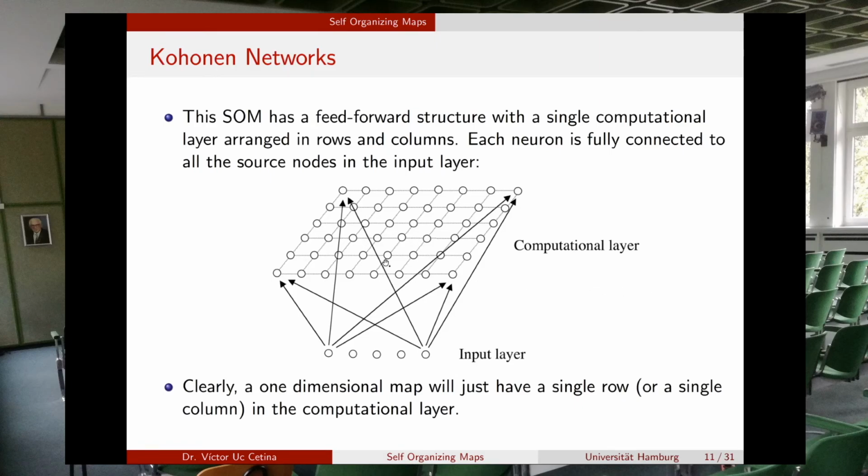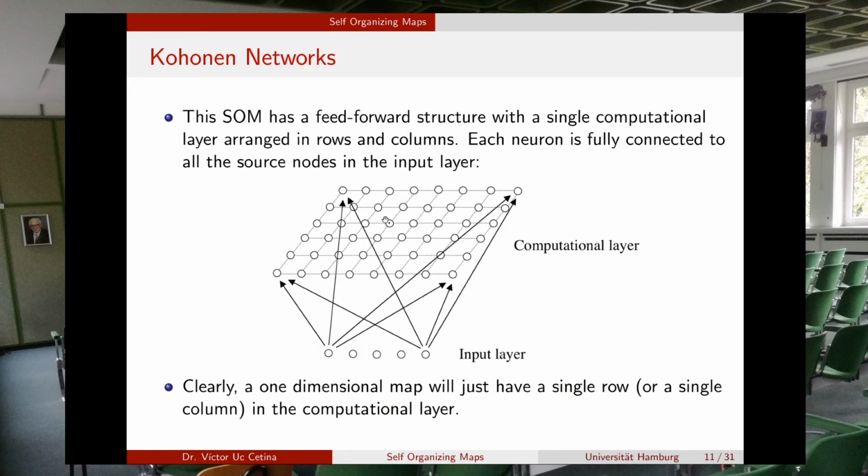When you use a 2D map and one of the neurons is the winner neuron, the neighborhood is defined in, let's say, 2 dimensions. So you can look for the closer neighbors, in this case to the left, to the right, up and down, and you can generate a circular or a square-like neighborhood.